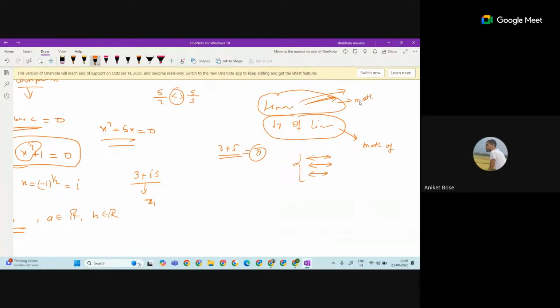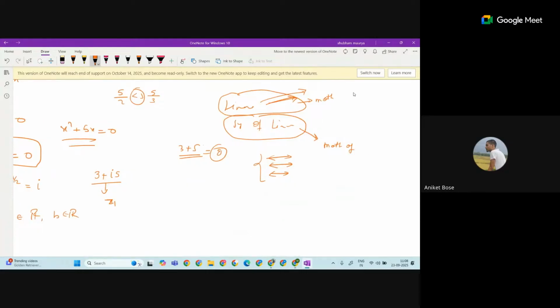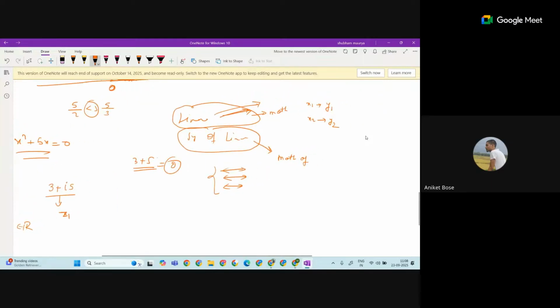The additivity principle says that if we take an input x1 and it produces the output y1, and then if we give an input x2 and it produces y2, then if the system is linear, an input of x1 plus x2 should give the output y1 plus y2.